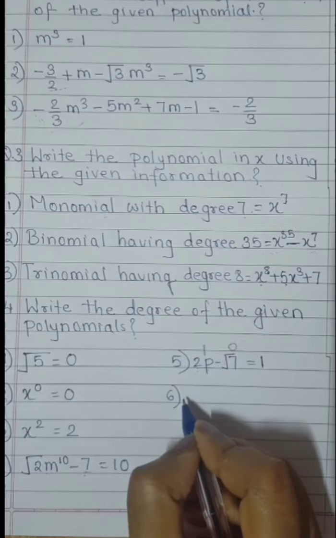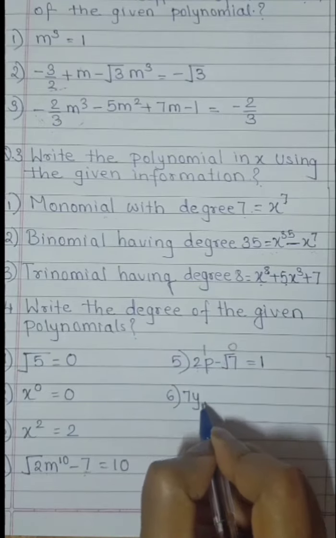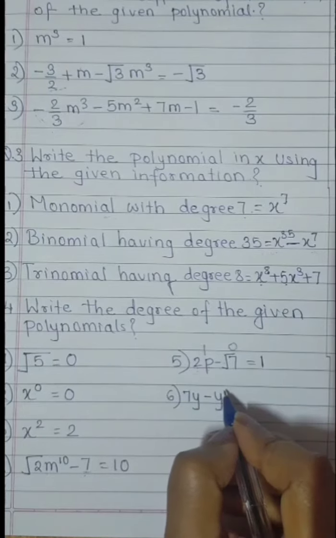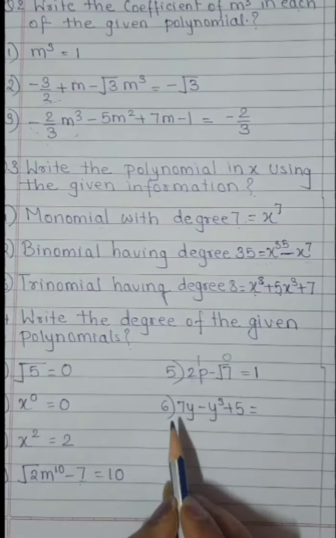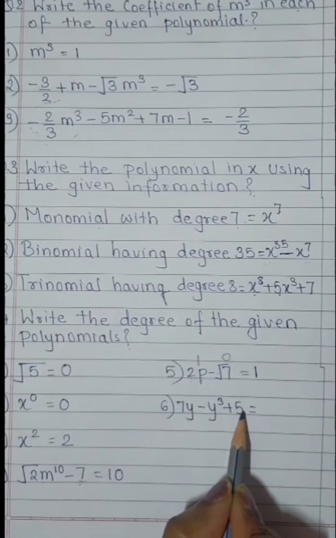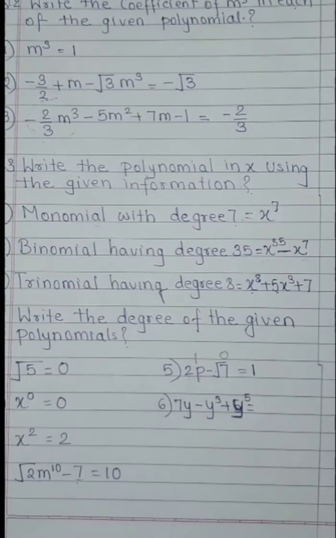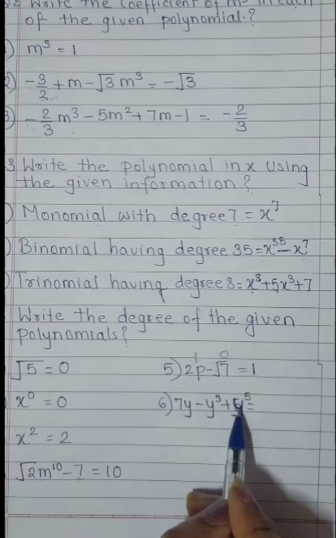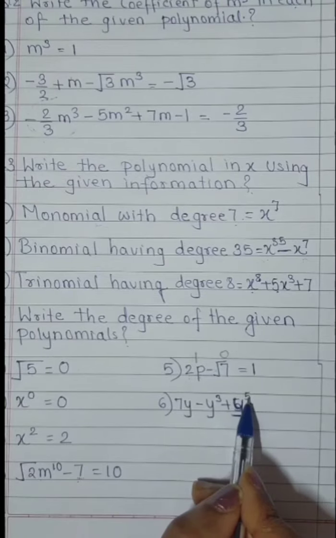Okay, now sixth one is 7y minus y cube. Now here question number 6 is 7y minus y cube plus 5 is given. Okay, see what is given? 7y minus y cube plus 5 is given.